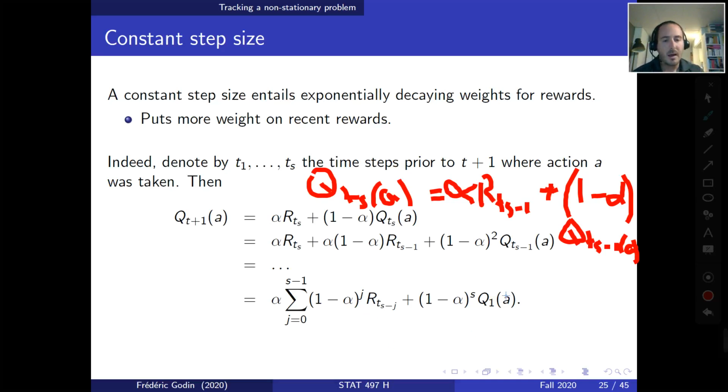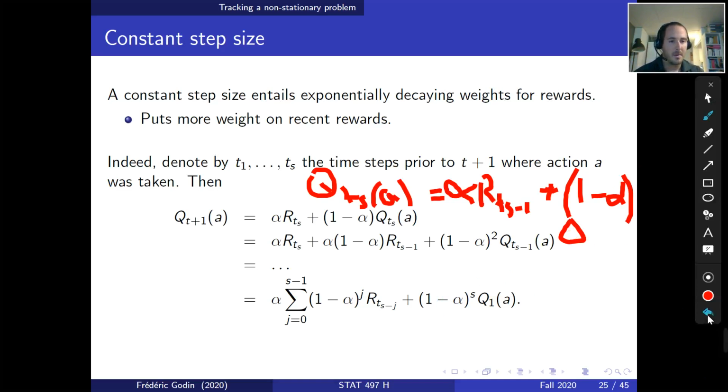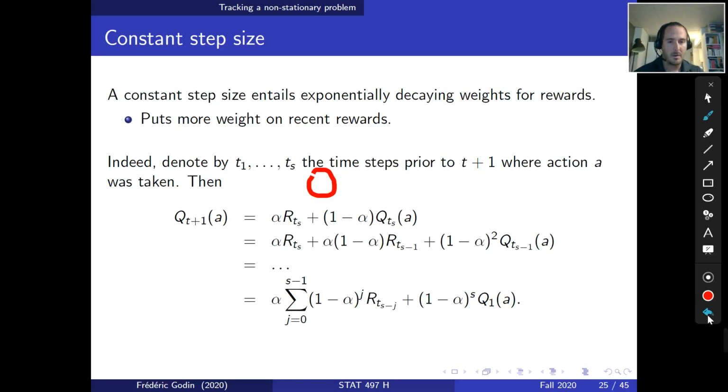And plus this trailing term, which depends on the initial estimate of action A.